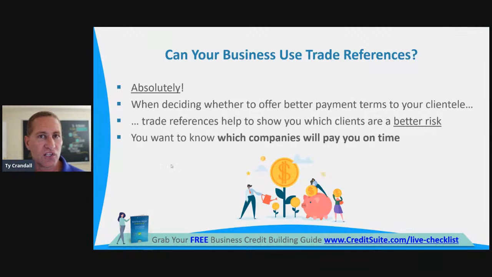So you can use this to actually look at your customers and their ability to pay their bills on time. Let's use Credit Suite as an example. We let our customers pay us over 7 or 9 months when they enroll to build business credit and financing with us. So if we want to take a deep look, we can pull their credit reports to see if they have a history of paying their bills on time or not. And if they don't pay their other bills on time, then we might not want to extend them credit.